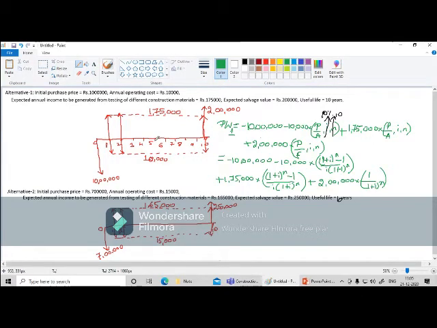Suppose some extra 50,000 had been added as a single value in between, then we would have multiplied that 50,000 by P by F, 1 divided by 1 plus I raised to n.